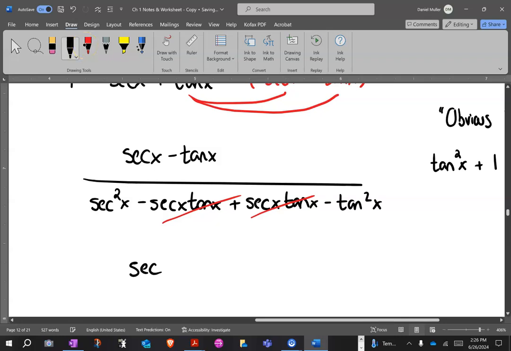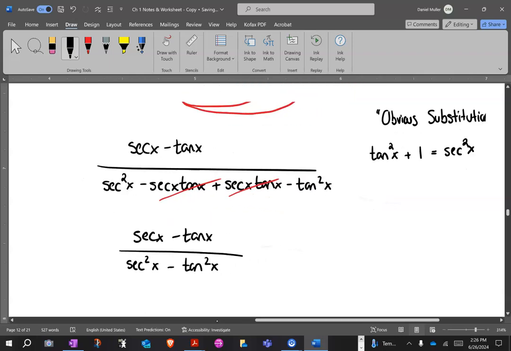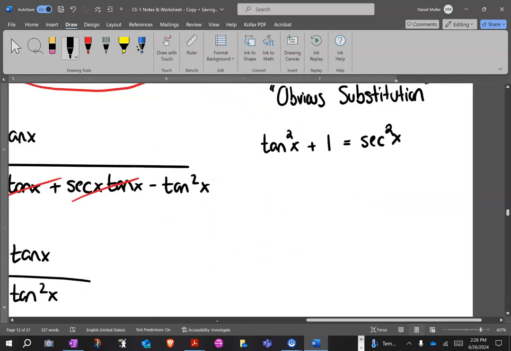So secant minus tan on top, but a squared, secant squared minus tan squared on the bottom. Now, I need a secant minus a tan. So sorry, that was just the bell there. I need a secant and a negative tan. I don't have that, so I'm going to move the minus tan over to here.